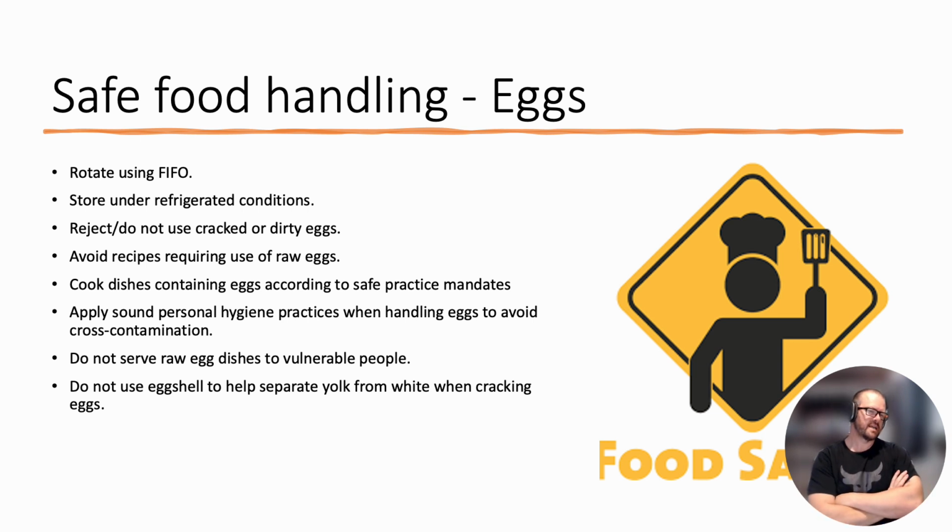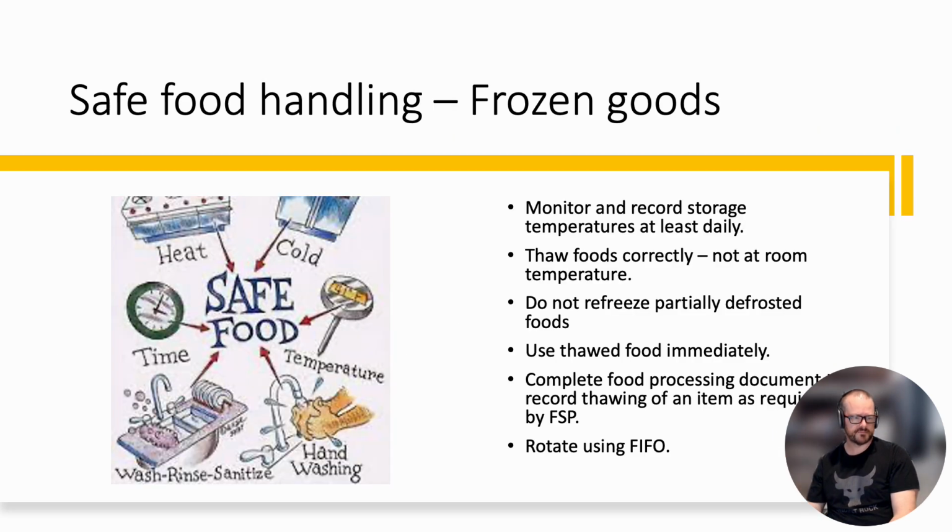Cook dishes containing eggs according to safe practice mandates. Avoid cross-contamination. Definitely don't serve raw egg dishes to vulnerable people, and you really should avoid separating eggs using the shell, because they're not 100% clean. And if you know anything about chickens, the egg comes out of the same place as the bottom.